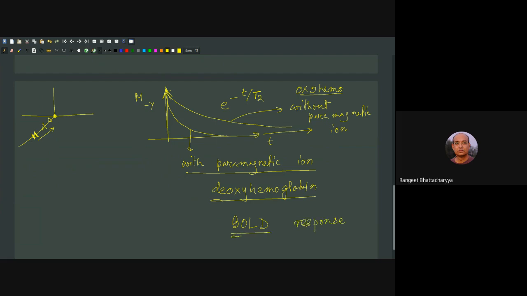What is BOLD? BOLD stands for blood oxygen level dependent. So, the BOLD response principle is the backbone of functional MRI. You see, there is MRI. A standard MRI does not care which part of your brain is functional or not.